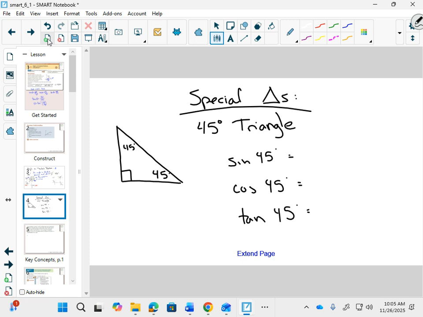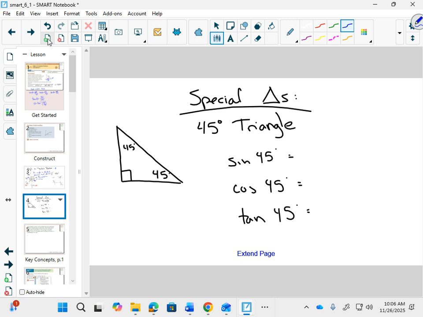Not only is it a right triangle because of the 90 degrees, we have a name for these triangles when two angles are the same. Does anyone remember the name of those? Anybody in English know what they're called?